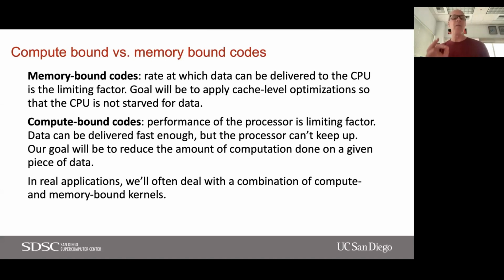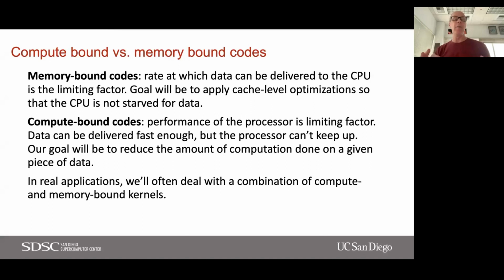And that's important for some applications, but for lots of HPC applications, they're going to be memory-bound. And what this means is that the rate at which data can be delivered to the CPU is the limiting factor. And we're going to be trying to apply cache-level optimization so that the CPU is not starved for data.